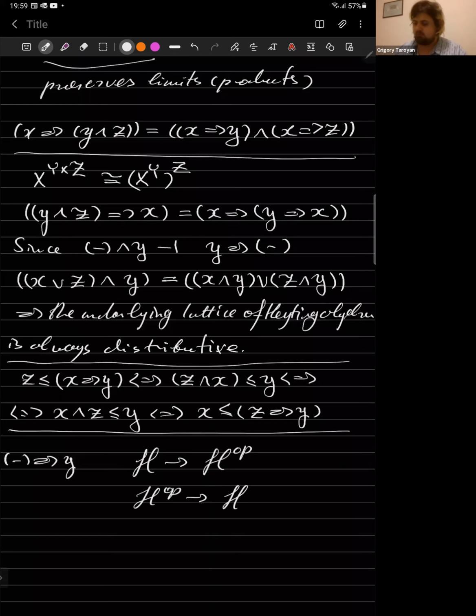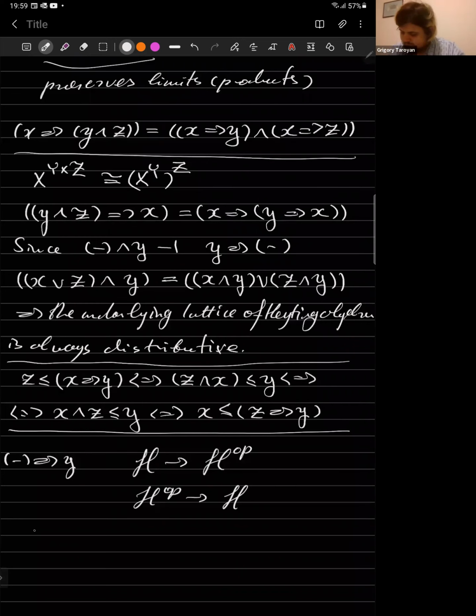So these functors are adjoint to each other, and since left adjoints preserve coproducts, coproducts become products under the action of this implication operation.